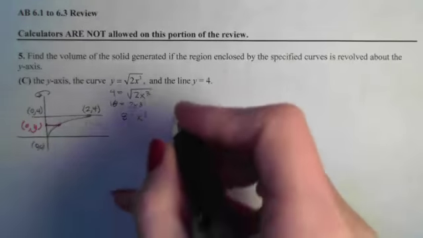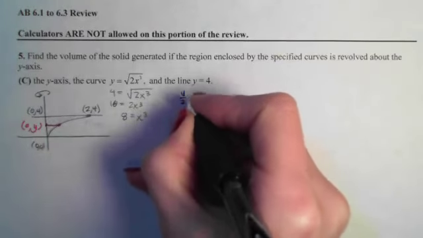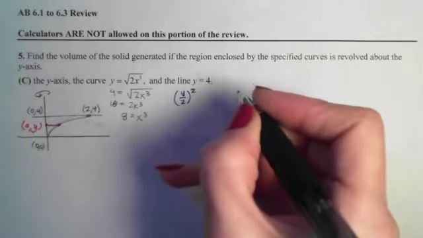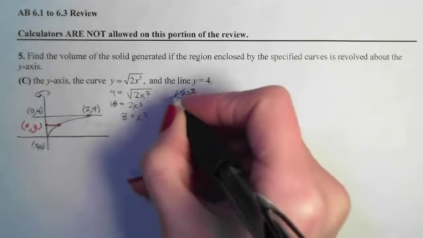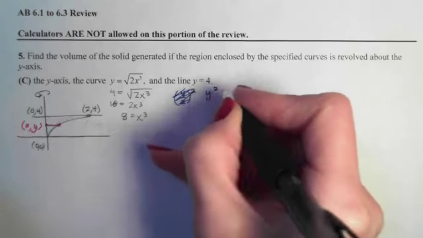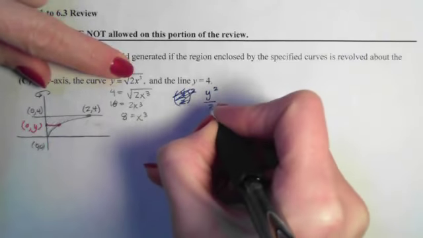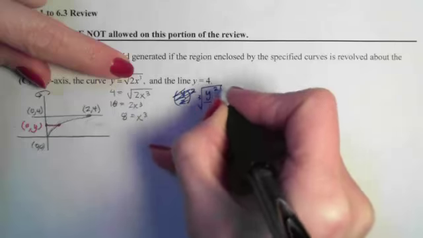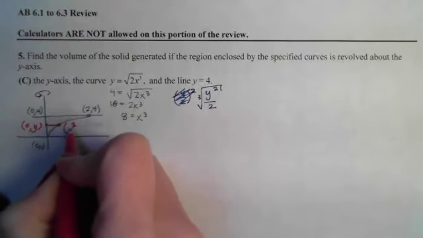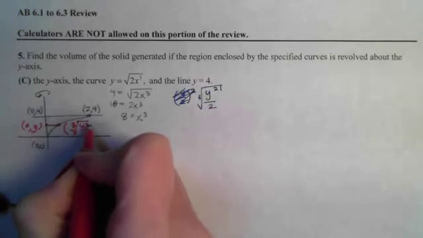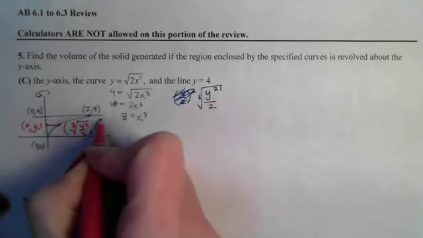I'll square first, then I'll divide by 2, then I'll take the cube root. So this is the cube root of y squared over 2, comma y.